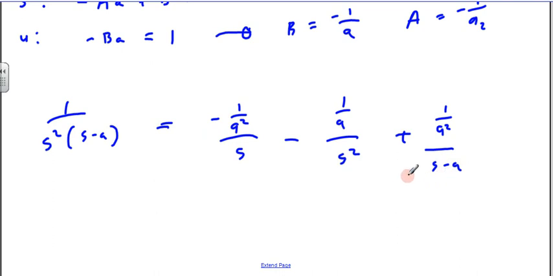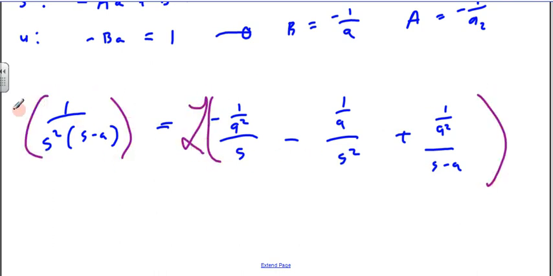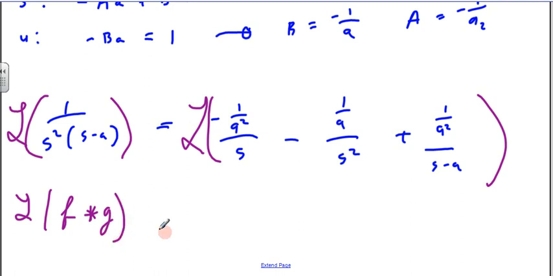We see that all those are in our Laplace transform table. We take the inverse Laplace transform of both sides. So I'm taking the inverse Laplace transform of the Laplace transform of f convoluted with g.